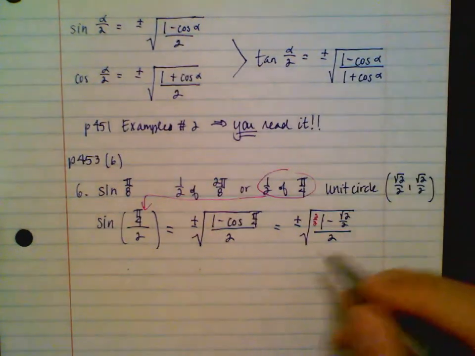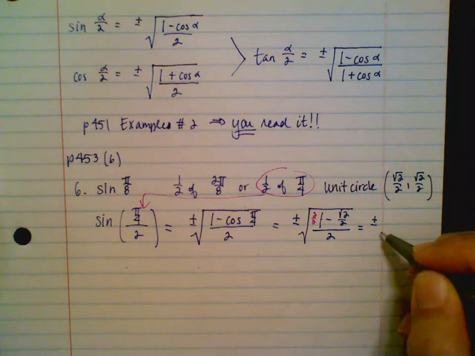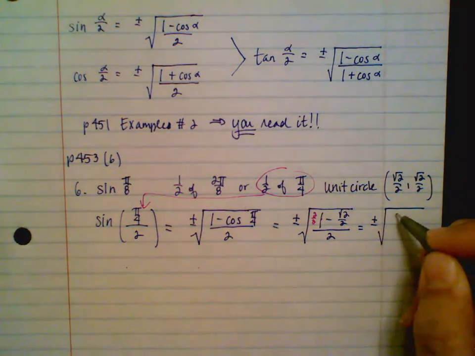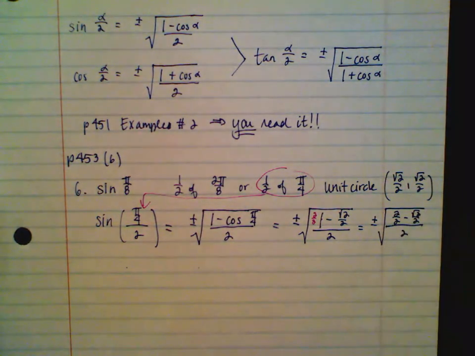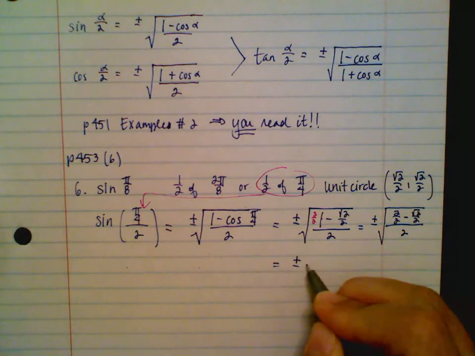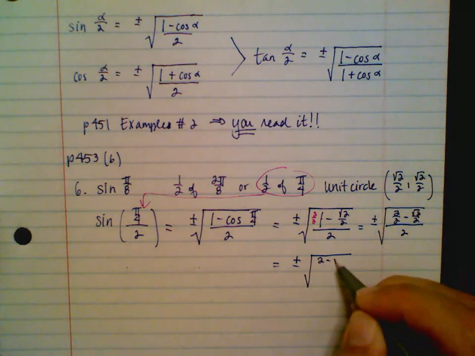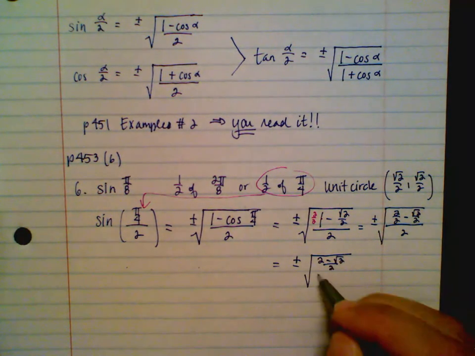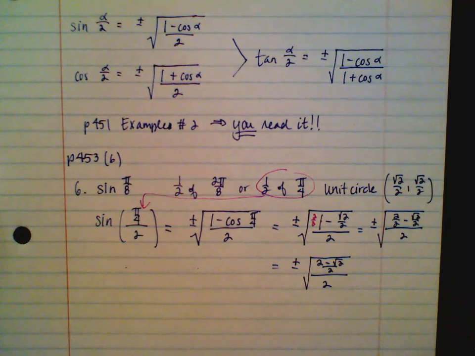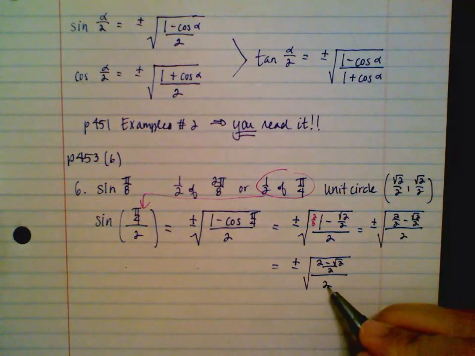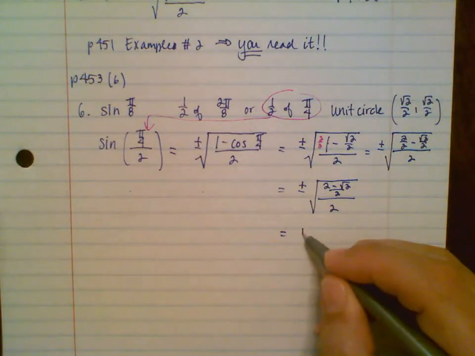So this is the positive or negative square root of 2 over 2 minus the square root of 2 over 2. Let's just do this for now. This is 2 minus the square root of 2 divided by 2, all divided by 2. Goodness. All right. And what happens when we divide by 2? We are actually going to be multiplying by 1/2.